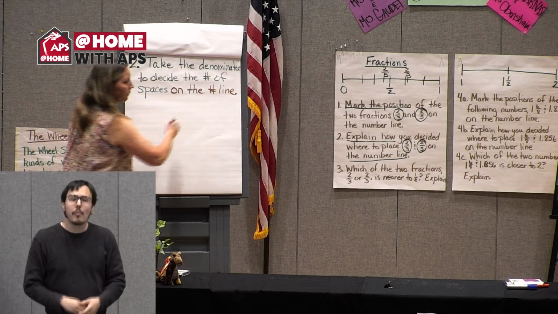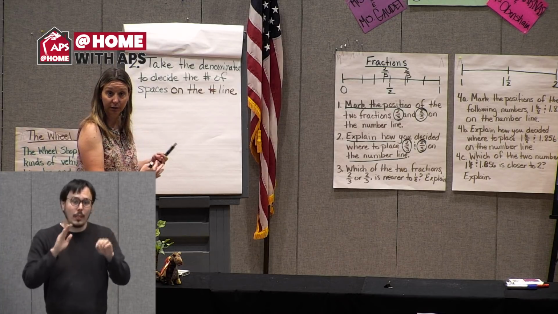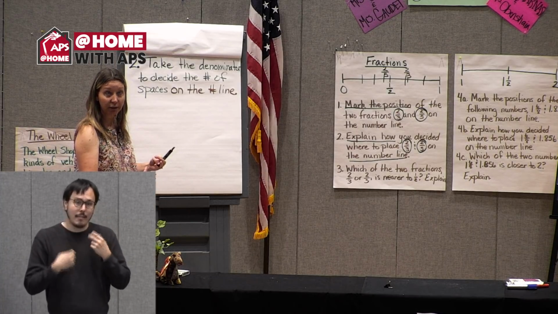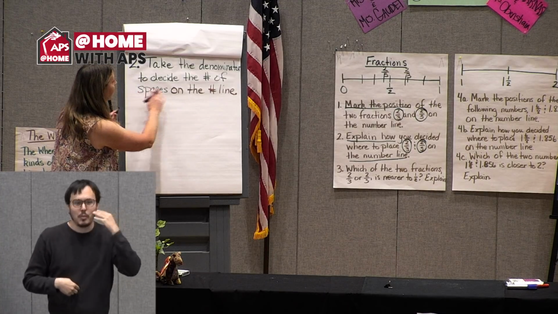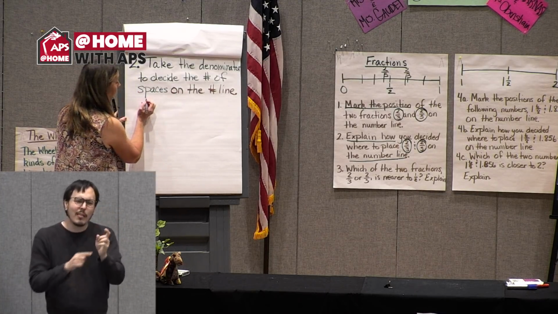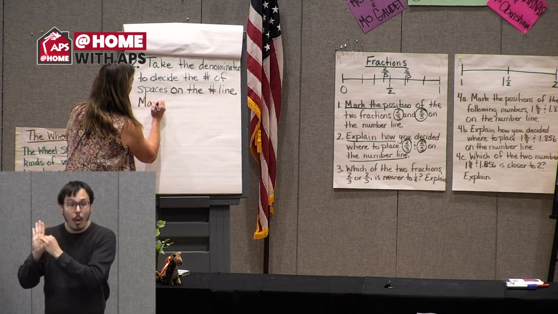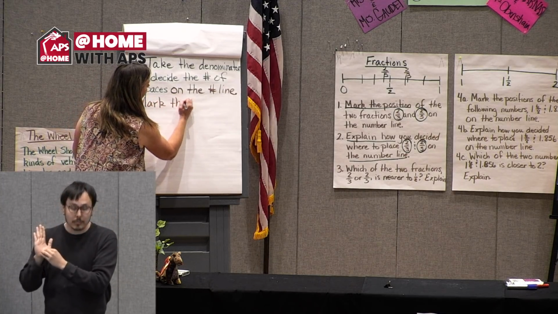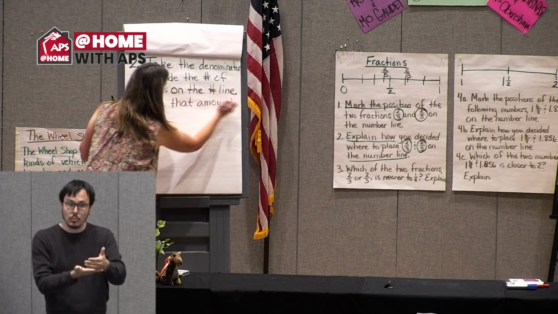So for example, if I had a 3 for the denominator, then I knew I had 3 spaces. If I had 5 for the denominator, I had 5 spaces. So take the denominator to decide the number of spaces, and then I had to mark that amount on the number line.